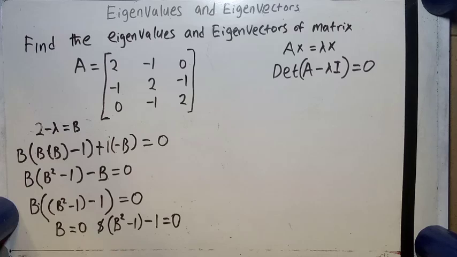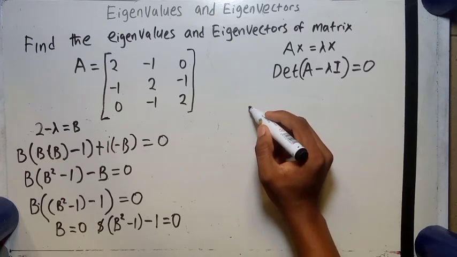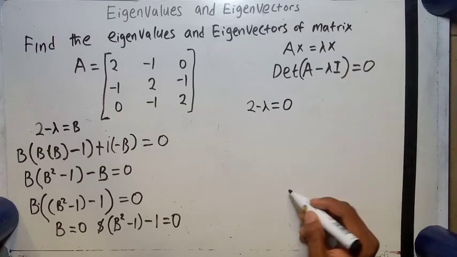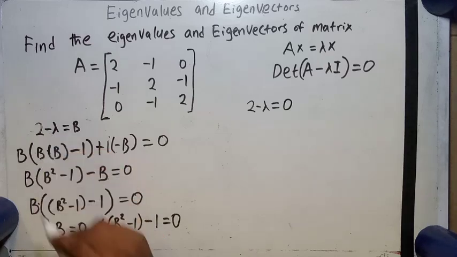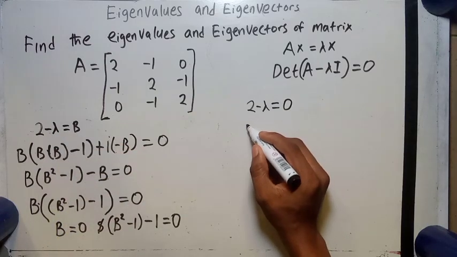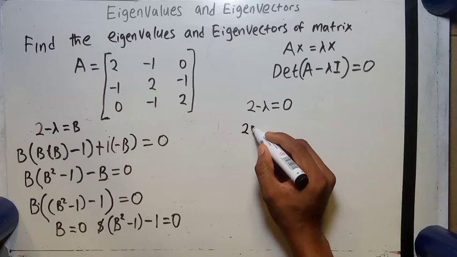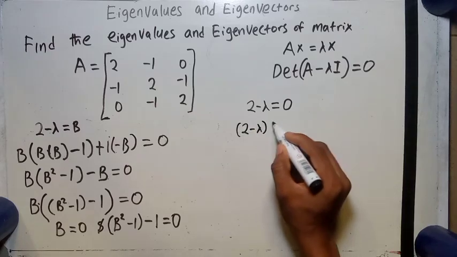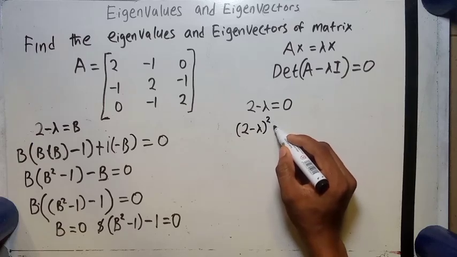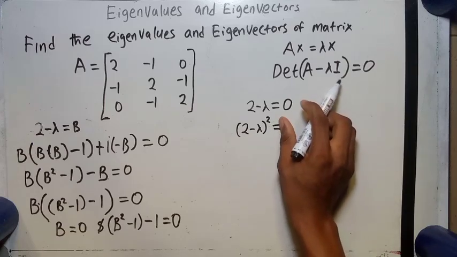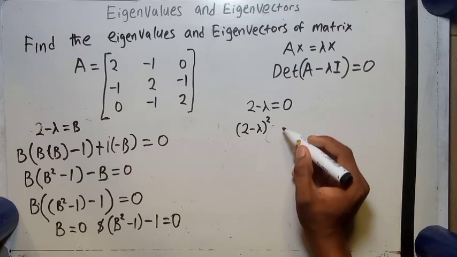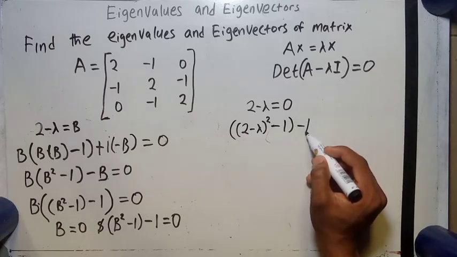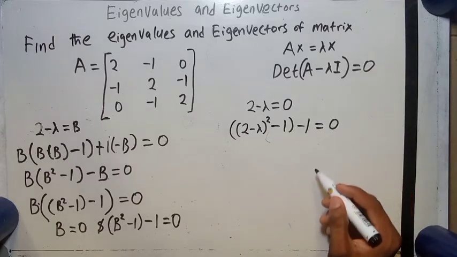Now I'm substituting our values back, and we are having 2 minus lambda is equal to 0. That is getting this guy back. Now the other one is going to be (2 minus lambda) all squared minus 1 is equal to 0.